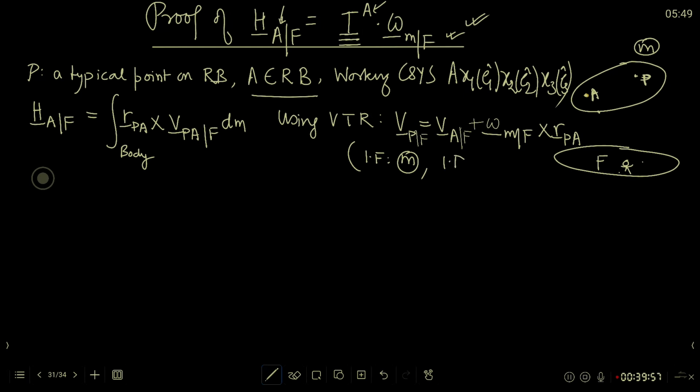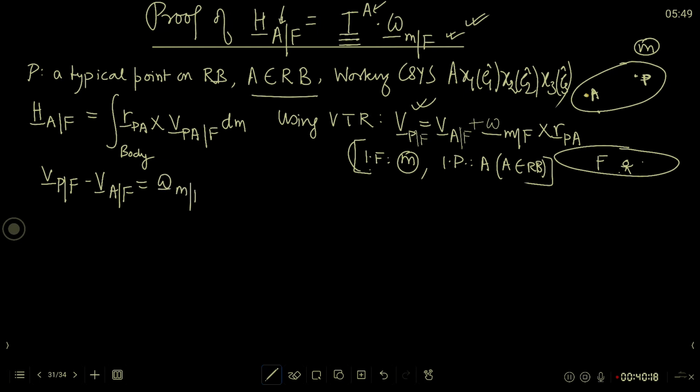I can use this equation, and express it in the following manner. Of course, there is one more term here which is VPM, which is 0 because P is fixed in M. I can write VPF minus VAF in this manner, which implies this.